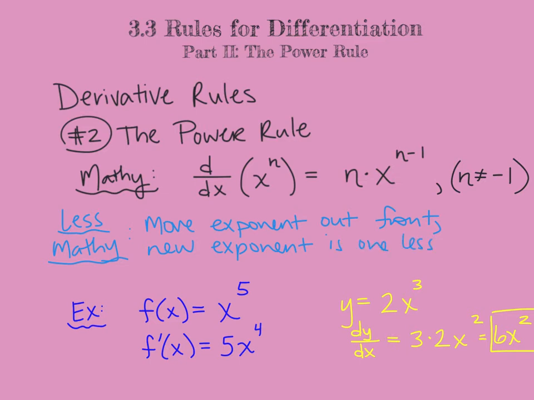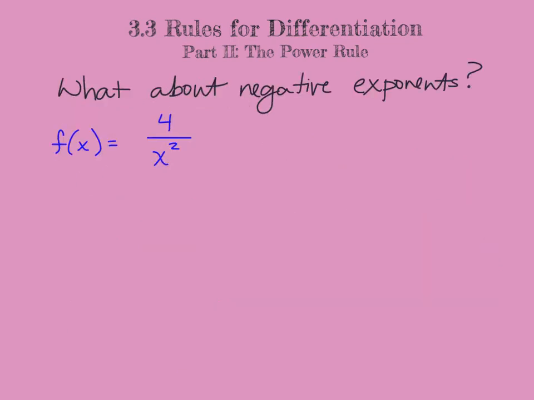And then so long as the exponent was not -1. There we go. So that's kind of a less mathematical way to write out what we do in the power rule. If you don't need to write out the less mathematical way, that's totally fine. I just think sometimes certain students' brains look at this and it looks scary. I really don't want it to look scary, and that's why I use the less mathematical way, is to show you that it doesn't have to be as hard as it looks, really.